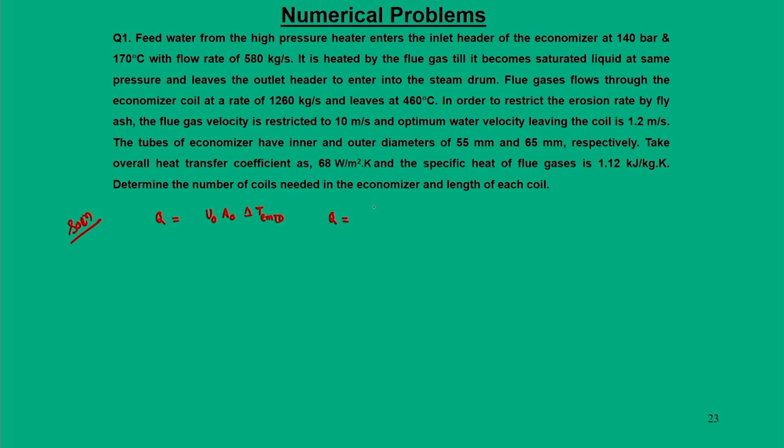Q is nothing but m dot s into (H1 minus Hf), that is 580 into (1571.1 minus 719.2). This is this much kilojoule, and U0 is given as 68 watt per meter square.